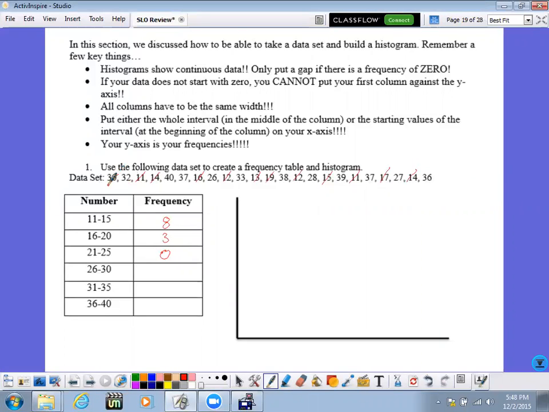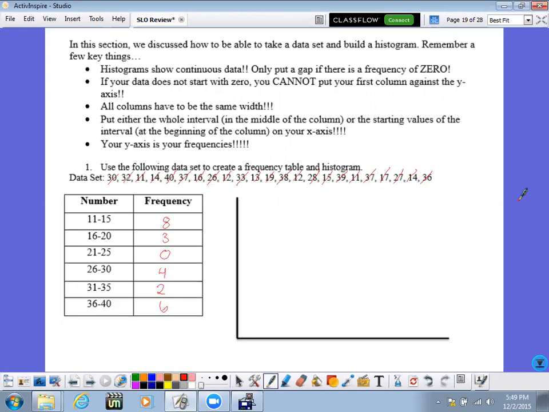There's 1, 2, 3. Oh, excuse me, 4. 31 through 35. There's 1, 2, and 36 through 40. 1, 2, 3, 4, 5, 6. All right, so we've created our frequency table.